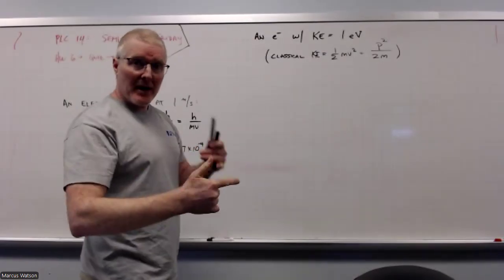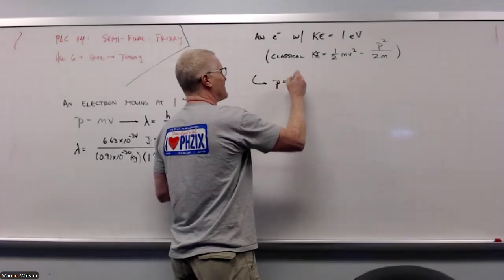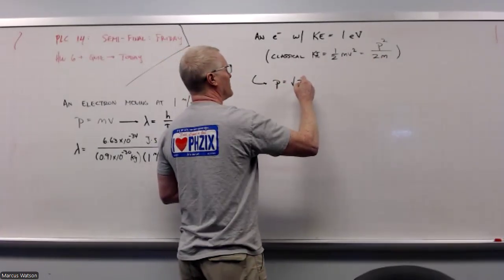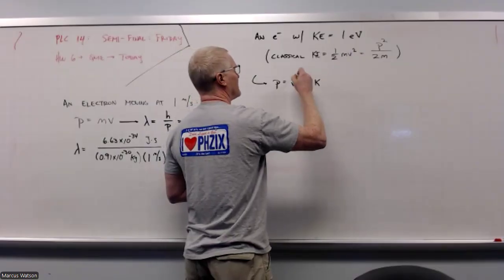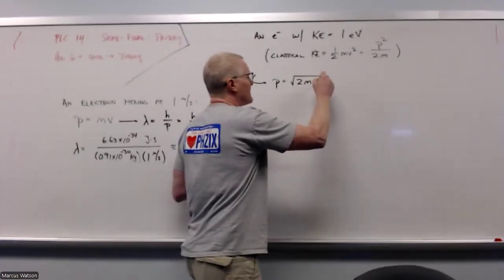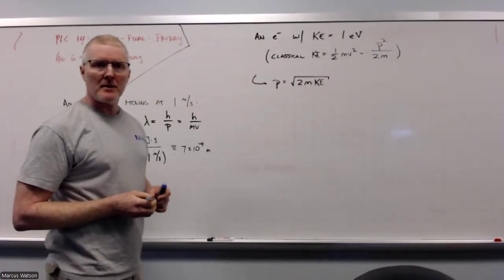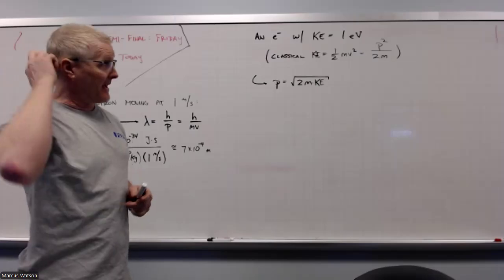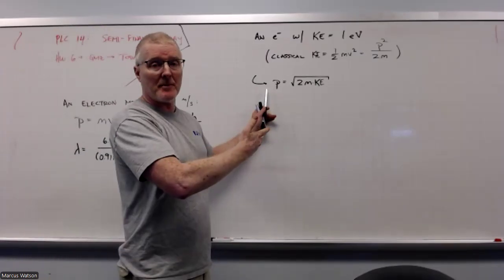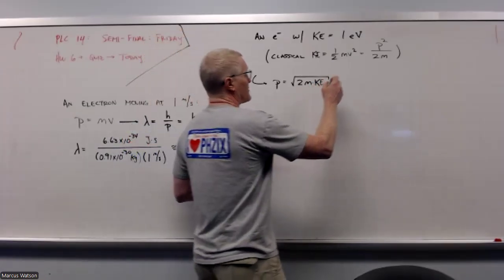If I flip that around and solve for p, I move the 2m over and take the square root, and p equals the square root of 2m times the KE. Now, if I know the kinetic energy of the particle, I can find its momentum pretty nicely and quickly here.